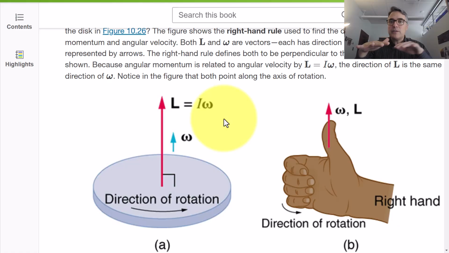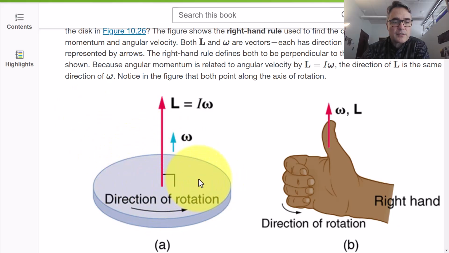So nothing's actually moving in that direction, but we define the L vector. And there's two perpendicular directions to a plane. You pick it by using the right-hand rule. So you take your right hand, you curve your fingers in the direction of the actual rotation, the way they naturally curl, and now your thumb points in that perpendicular direction for the L vector.